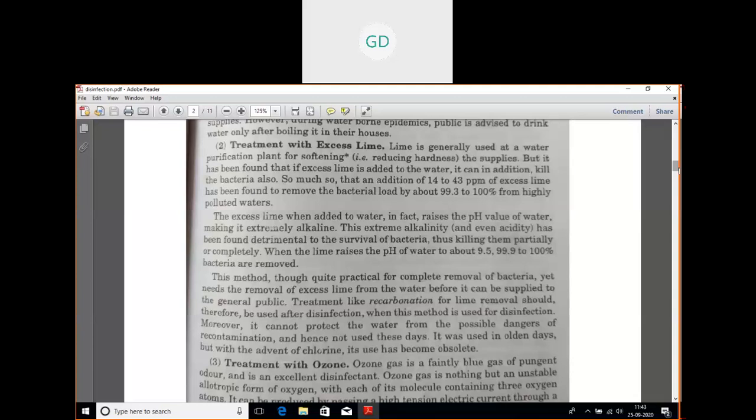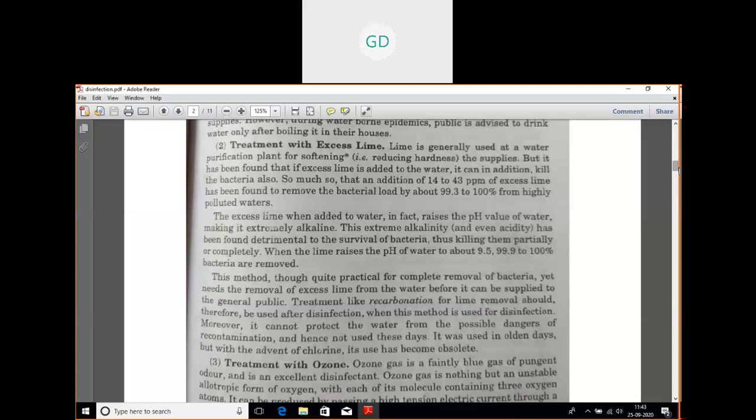Again, when you add lime, the taste of the water becomes somewhat alkaline, and you cannot drink that water, because you will feel it is lime water. So what is done to remove the excess lime?